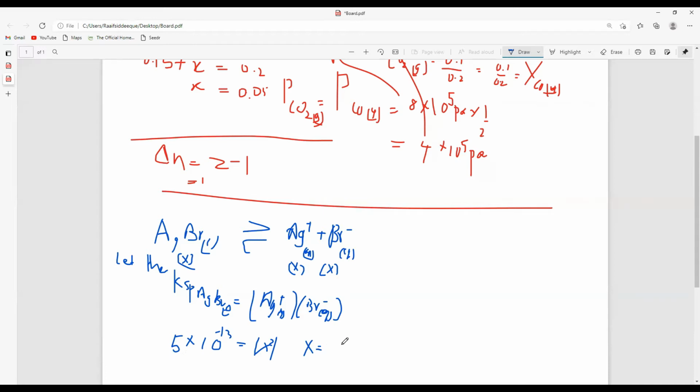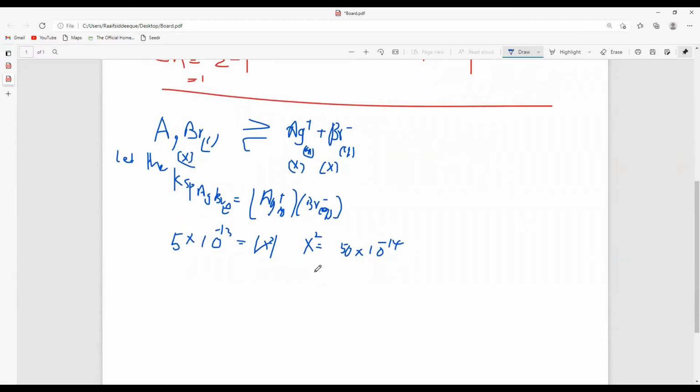So you can write this as 50 into 10 to the power minus 14, because to get the root, it is very easy by making this 10 to the power product an even value.